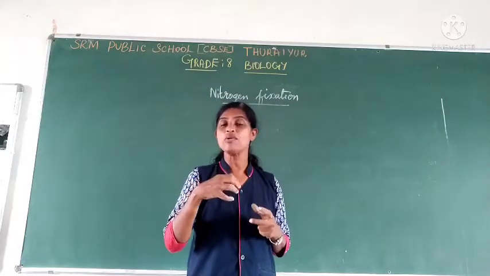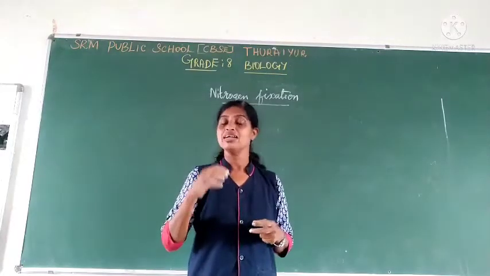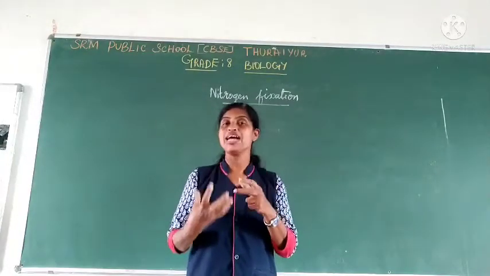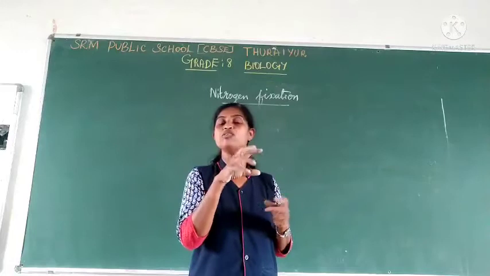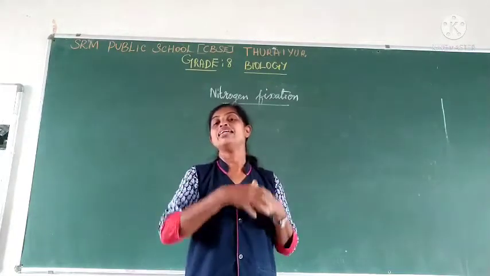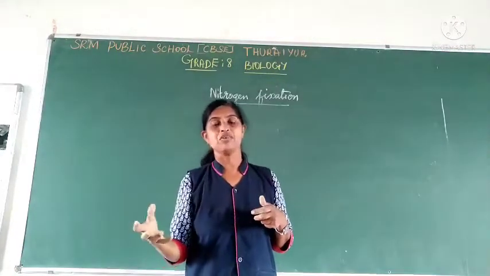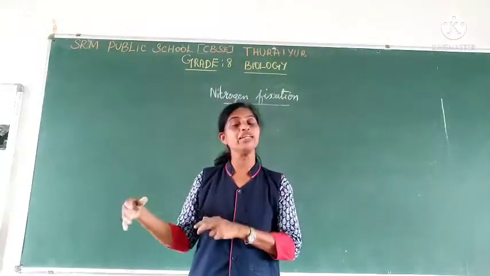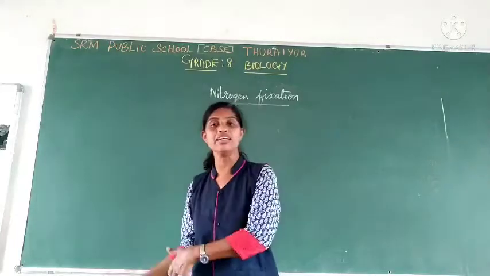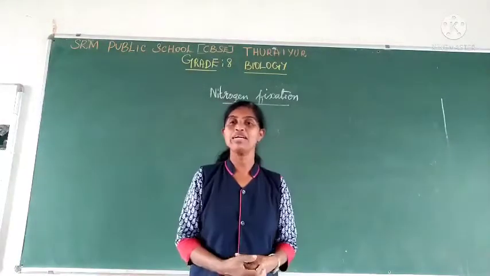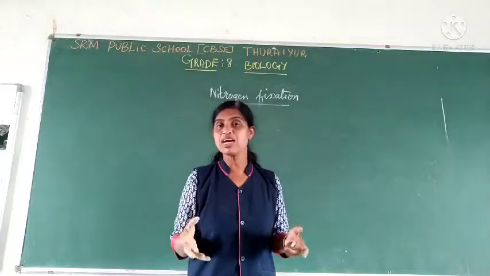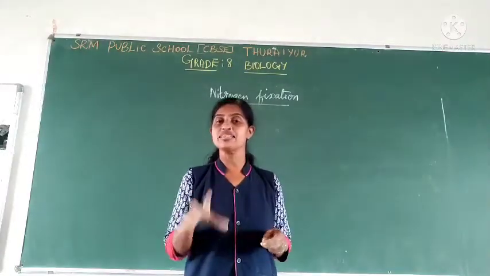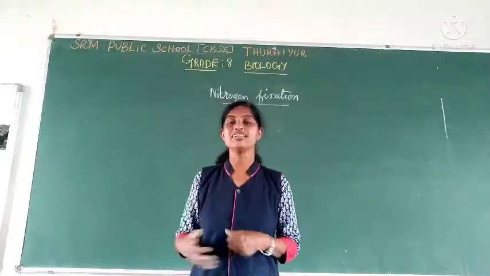So this compound of nitrogen is used by the plant, and when these plants are eaten by animals, the nitrogen present in the plants enters the animals' bodies. When the animals die, they are decomposed in the soil, and thereby the nitrogen present in them goes back to the soil by decomposition. At the same time, these animals excrete urine. Urine also contains nitrogen compounds, so that also enters the soil.